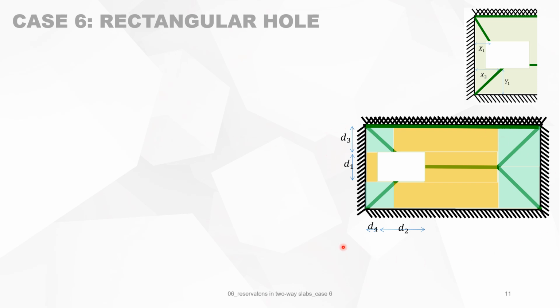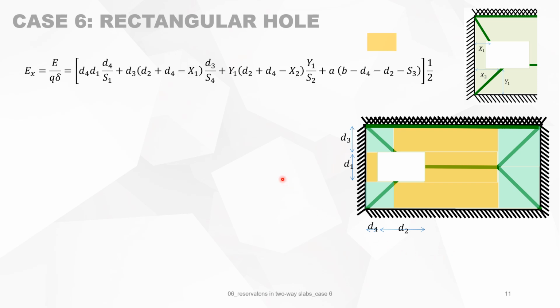Now we divide the slab into rectangular zones and triangular zones. First we start with the rectangular zones, which are the orange parts of the slab. The mean deflection is a half, because remember we have divided by q delta. Normally it's q delta over 2, but we divided by q delta.